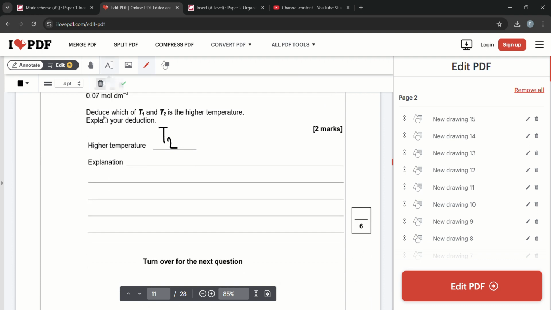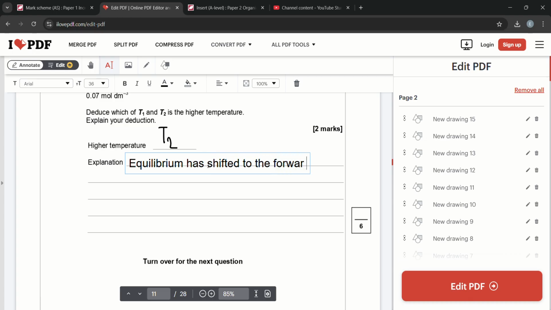Explanation? Well, equilibrium has shifted to the forward direction, right hand side, endothermic direction.